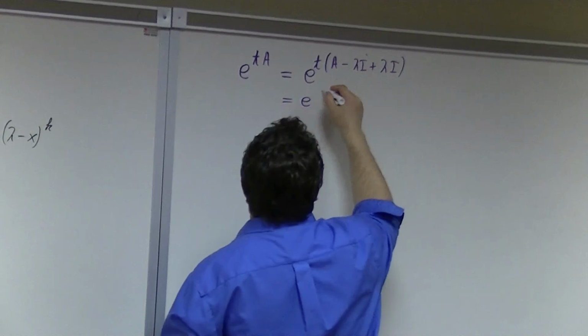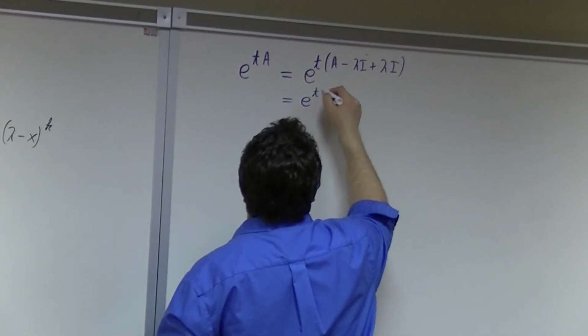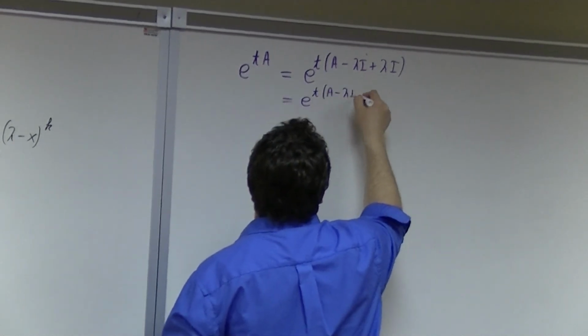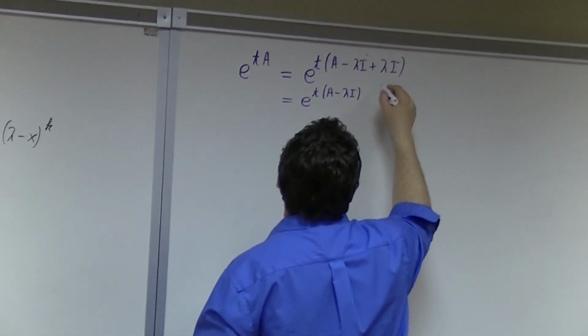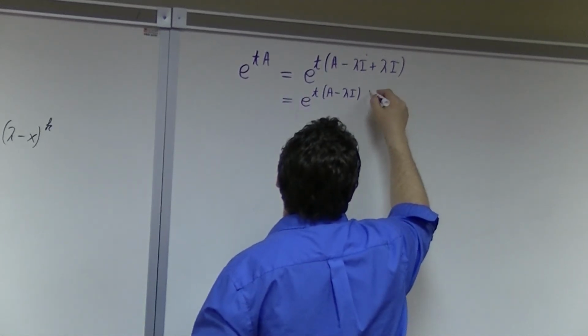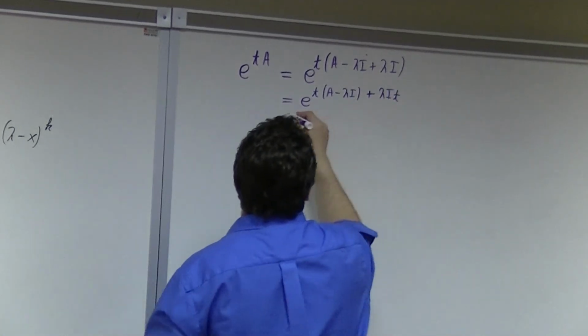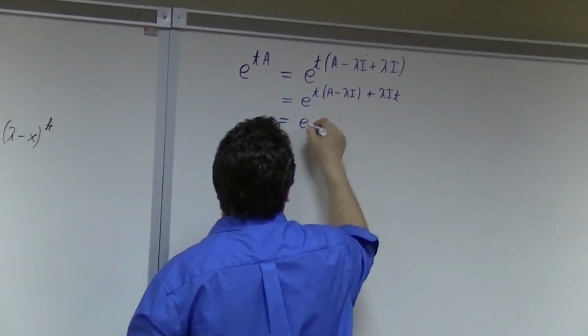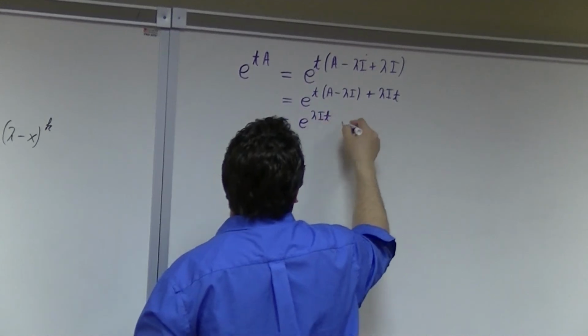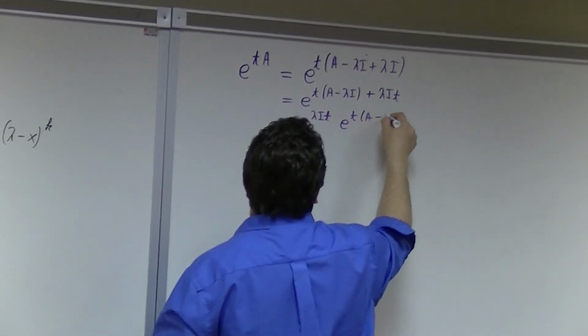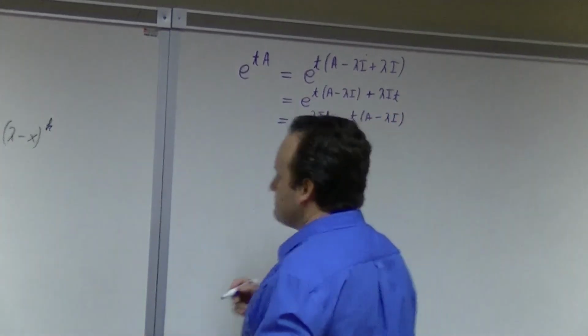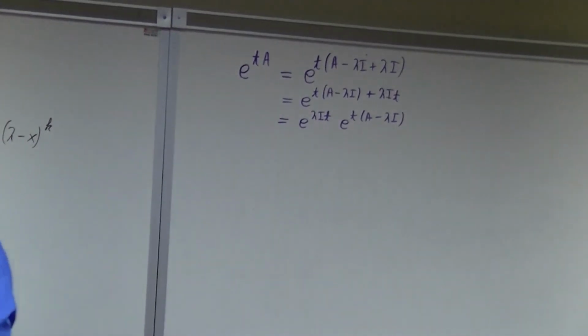It looks like e to the t times a minus lambda I, well, plus lambda I t. But you can prove that that is the same as e to the lambda I t, e to the t times a minus lambda I. Fun fact: the matrix exponential of a diagonal matrix is the diagonal matrix of the exponentials.